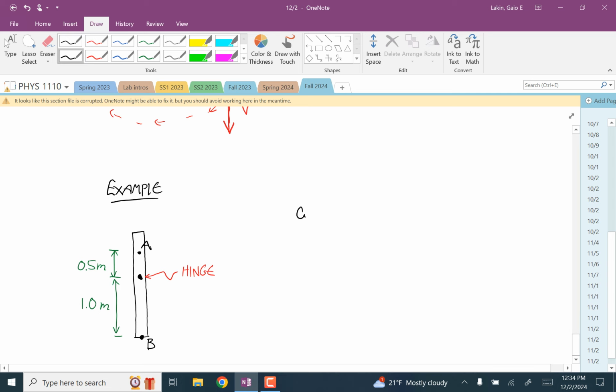Let's say that the angular velocity this time is +5 radians per second. And we want to calculate the velocity vectors at the points A and B.